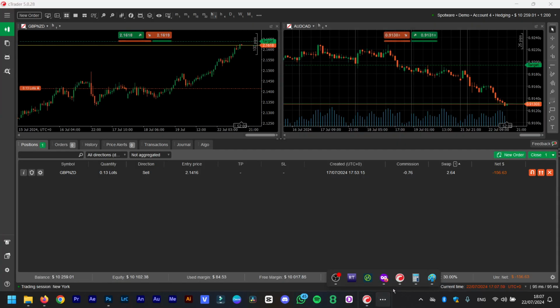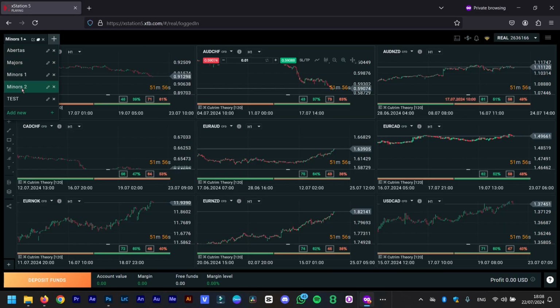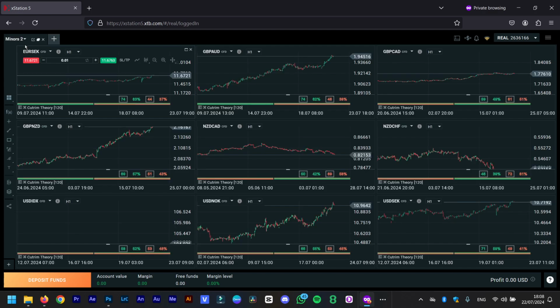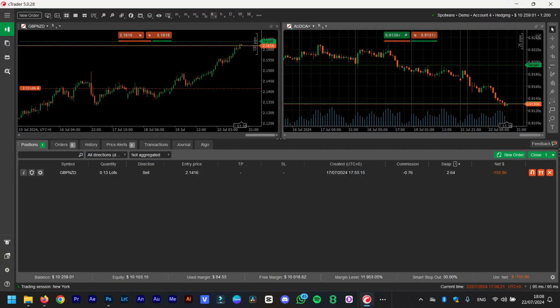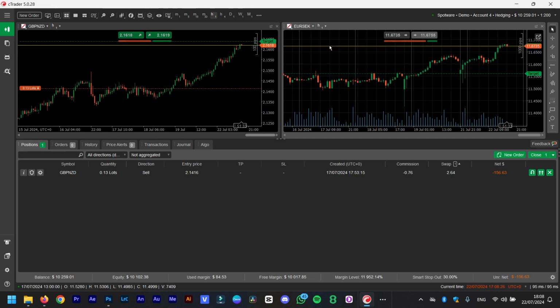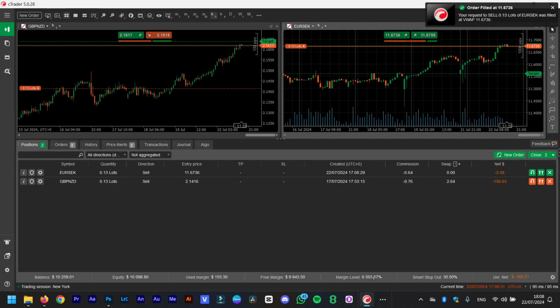Let's see. Go to -2. Euro SEK. I'm going to try and sell Euro SEK here. Boom. As you can see, margin is at 6% right now.